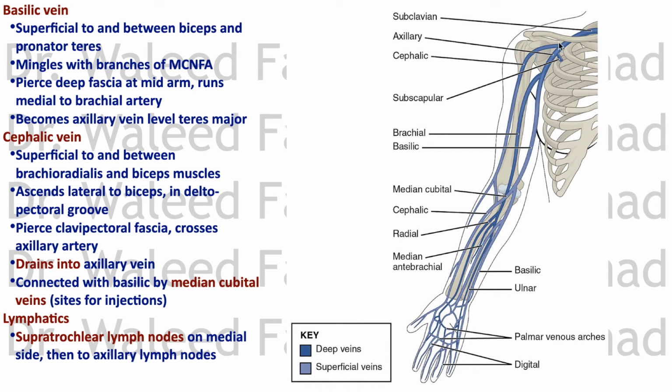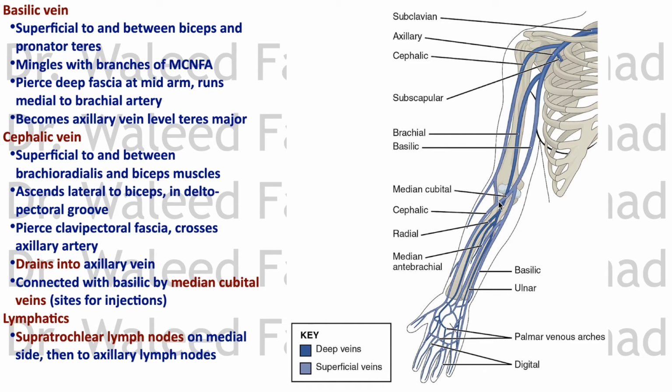It drains into the axillary vein and is connected with the basilic vein by cubital veins. See, these are the medial and lateral cubital veins, or the median cubital veins. These are the veins that we use as a site for injections. See the connection between the cephalic and the basilic, the median cubital veins.